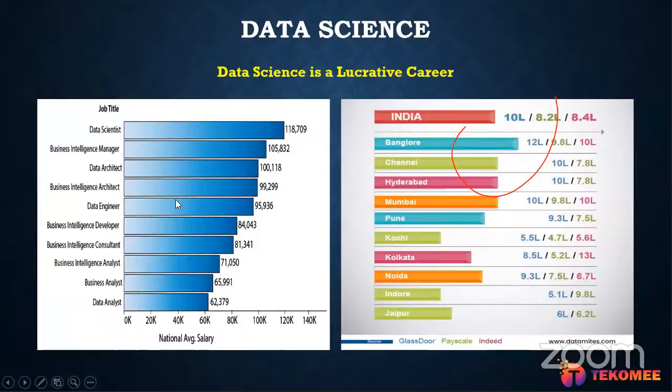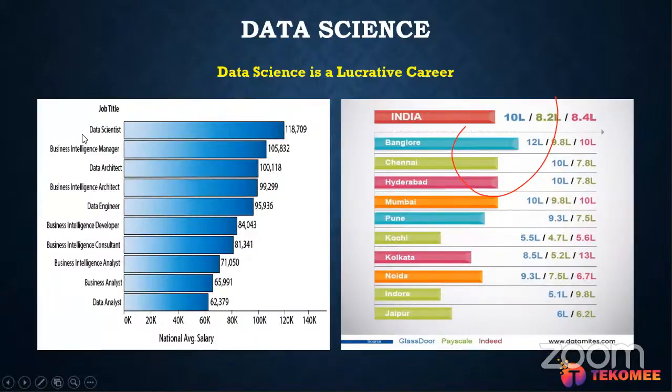The US is told as one of the hubs for understanding more about data science and AI applications, if we consider outside India. These are a few of the job titles which are seen when we go into the market, like the US, UK, and other countries.